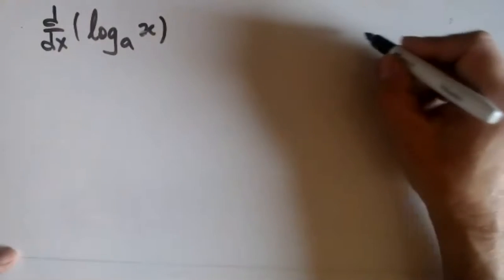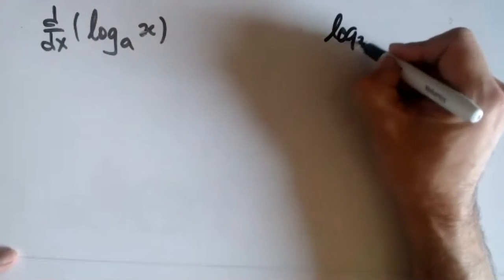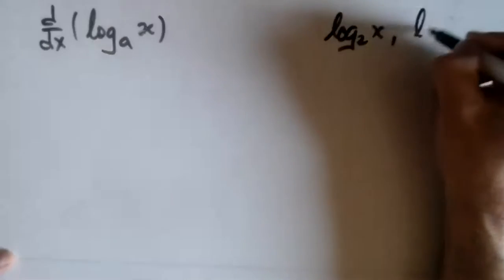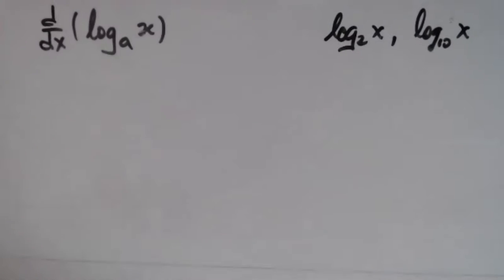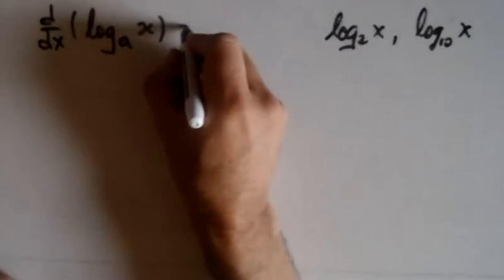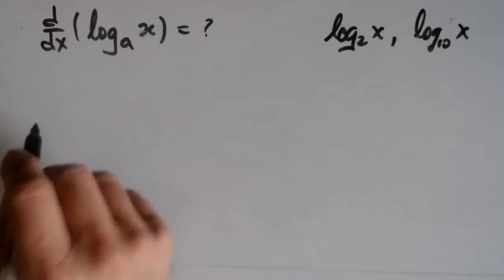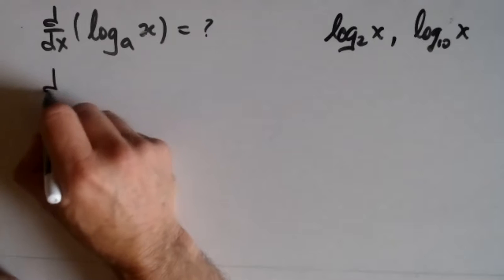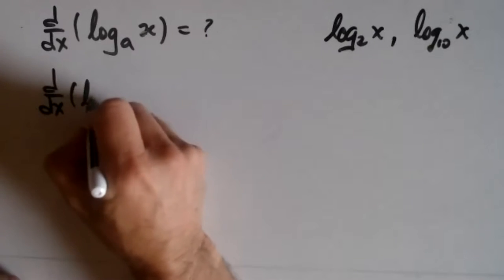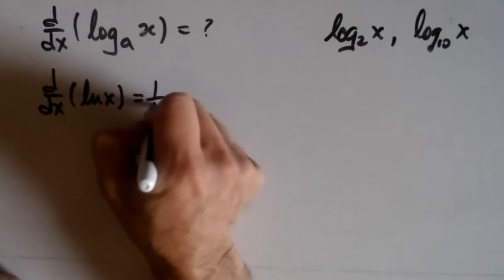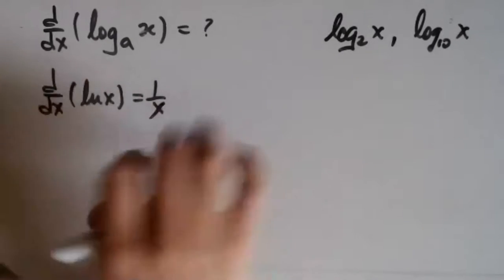This means that I can have log in base 2 of x, log in base 10 of x, so any of the logs we work with in pre-calculus, correct? So what is going to be this derivative? I have to recall something. I know that d/dx of ln x is 1 over x.